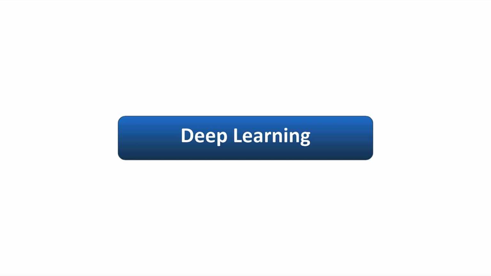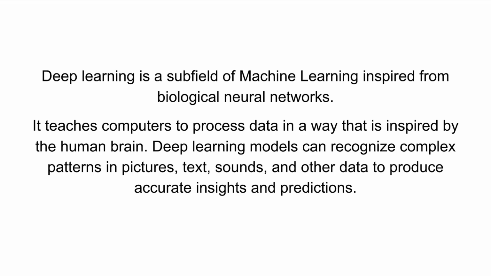Welcome to this lecture. In this lecture, we are going to learn about deep learning and artificial neural networks. So let's start. Deep learning is a subfield of machine learning inspired by biological neural networks. It teaches computers to process data in a way that is inspired by the human brain.